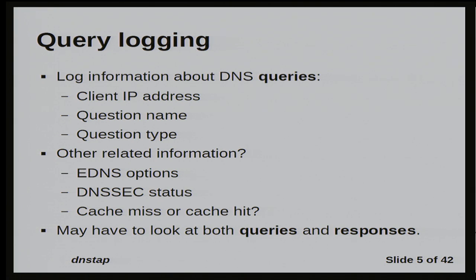In that case, the recursive server can function as both a client and a server. So here's the query logging use case. We're basically just logging information about the queries themselves. So the IP address of the initiator, the client that sent the query, question and question type, basic information.